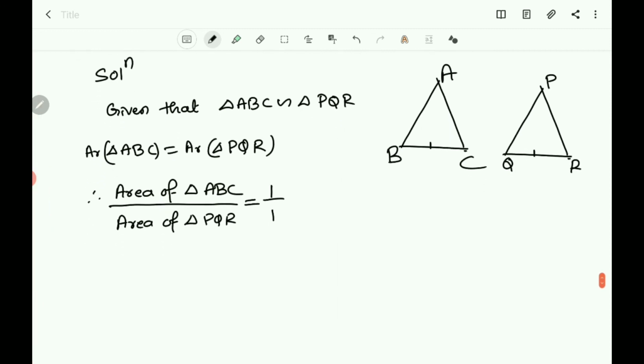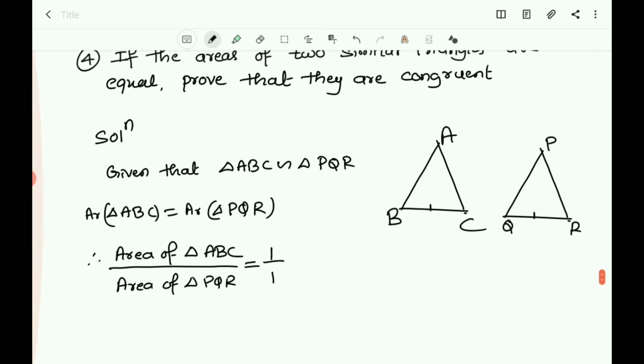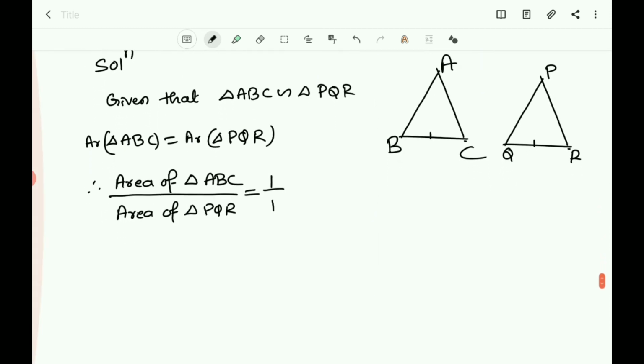1 by 1. And you know that areas of the similar triangles are proportional to the squares on their corresponding sides.